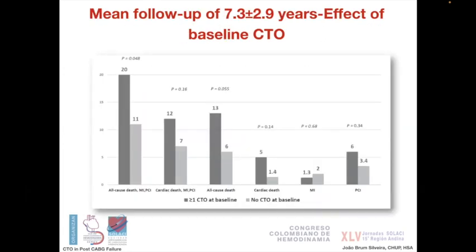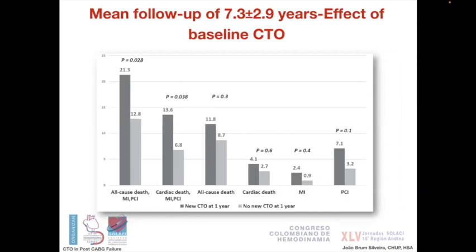And also, what is the prognosis? What is the effect of having a CTO at baseline of the patient? This is clear: all-cause death, myocardial infarction, PCI, and cardiac death. This is clear if you have one or more CTOs at baseline compared to no CTO at baseline.